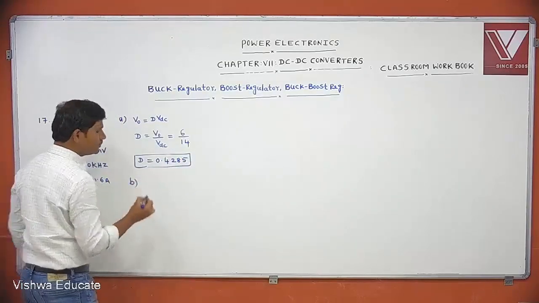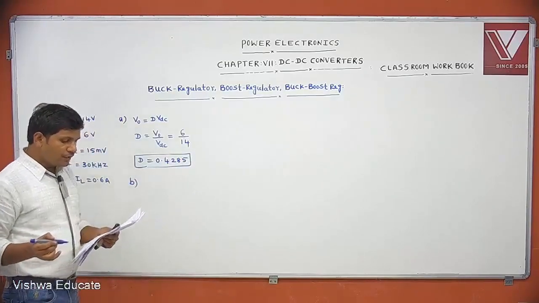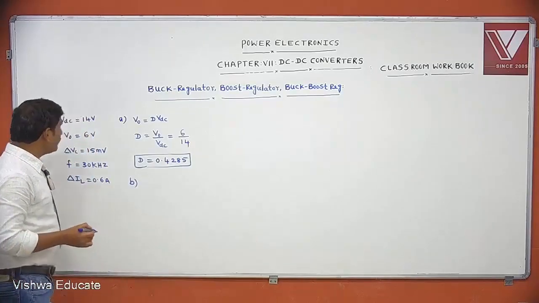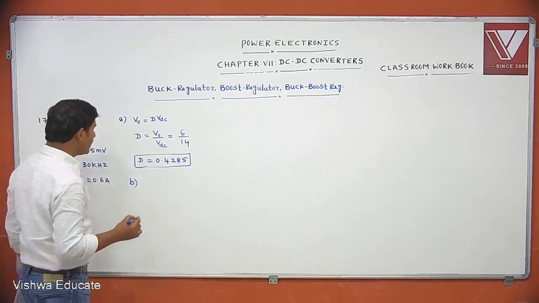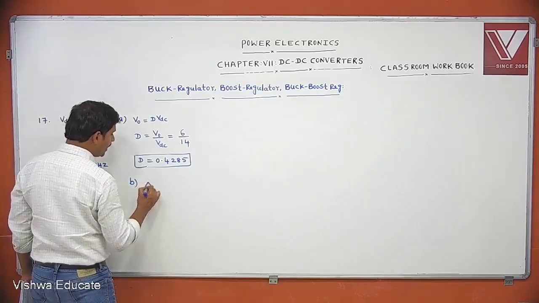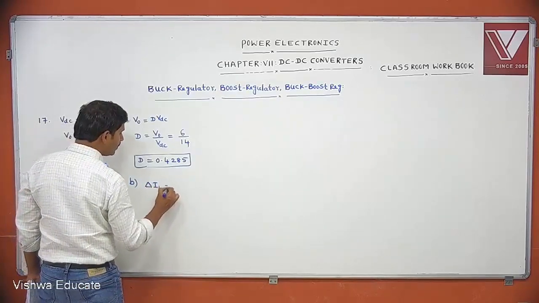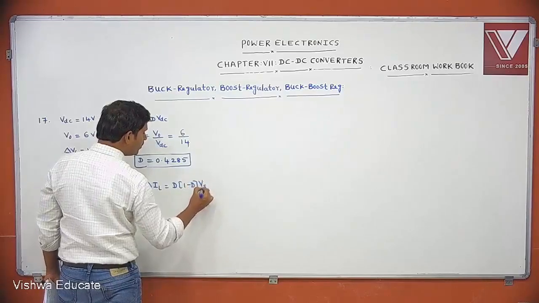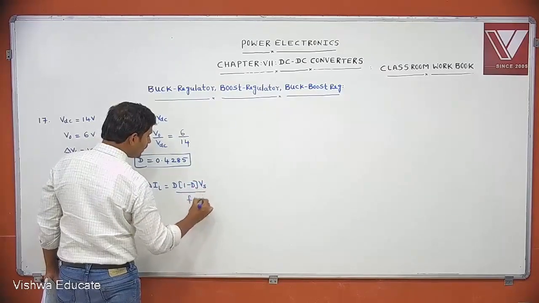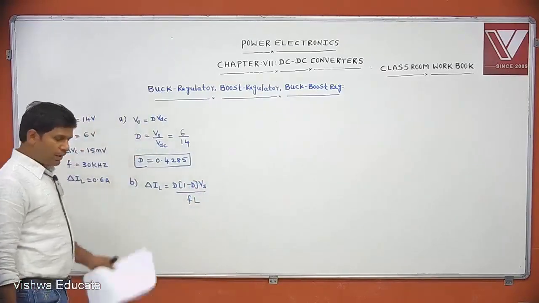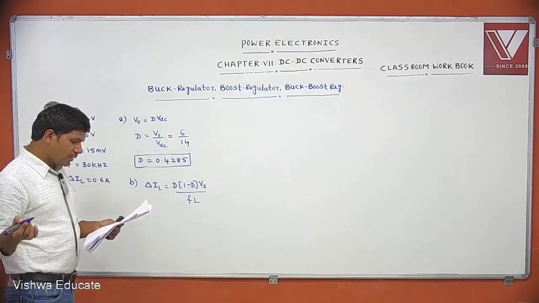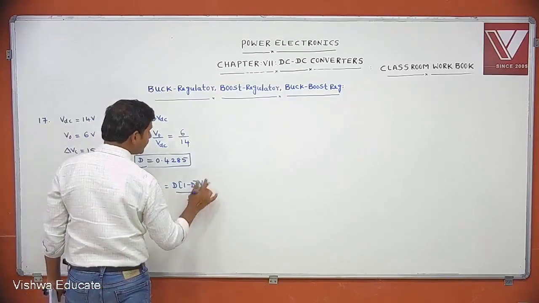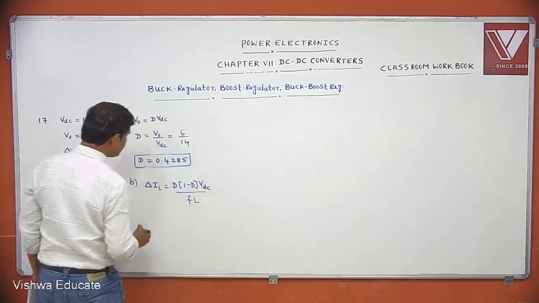What about B? Calculate filter inductor and filter capacitor. To calculate the filter inductor, delta IL equal to D into 1 minus D into Vs by Fl. This formula you know. Vs you take as Vdc.